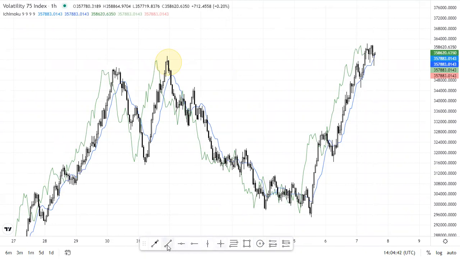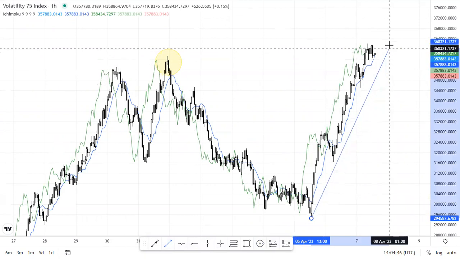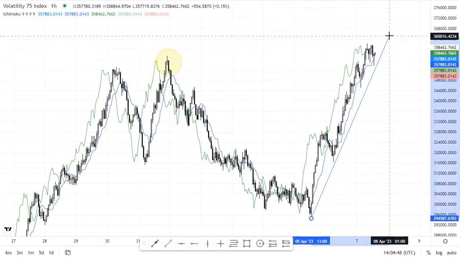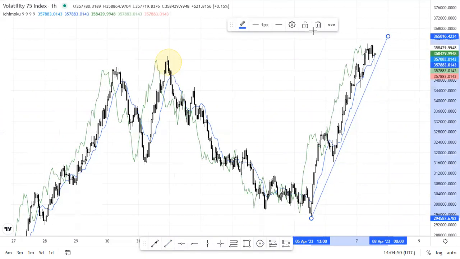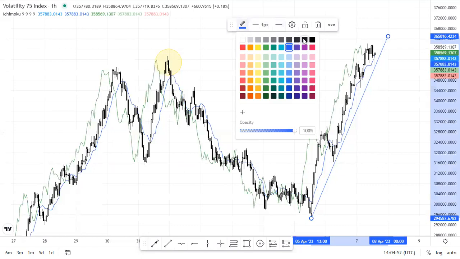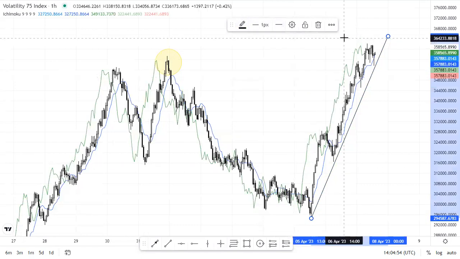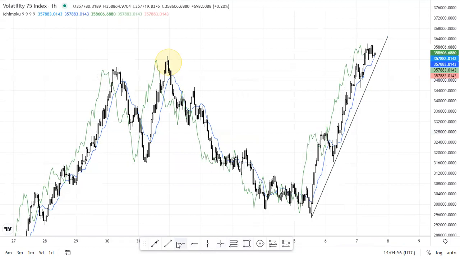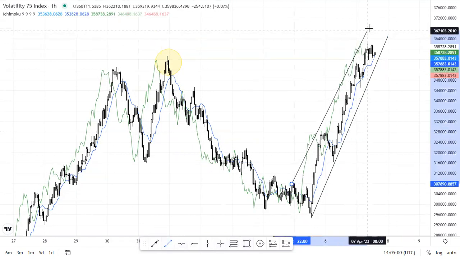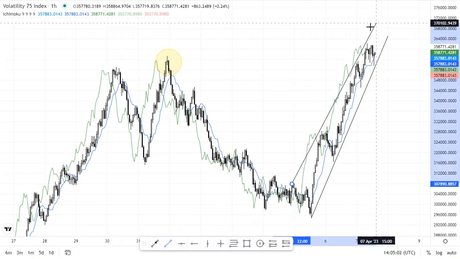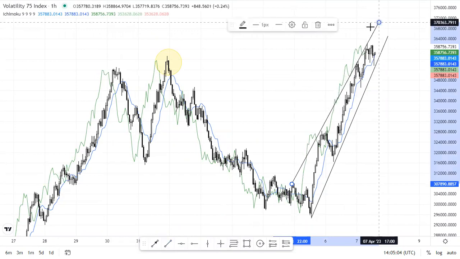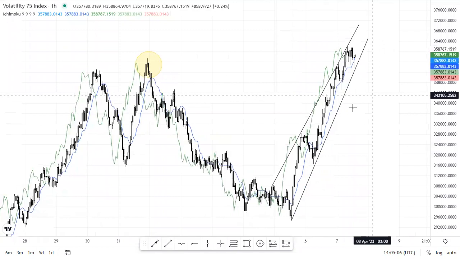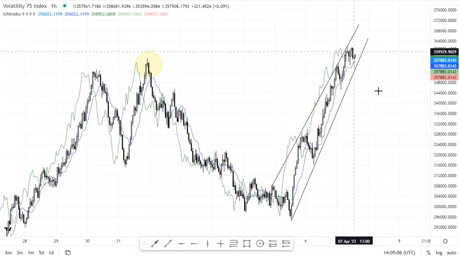We are going to be using our trend lines to see the direction of VIX and where it could possibly go. Let me just change the color of this specific trend line to black. So we have our first trend line there, and then we're going to be drawing our second trend line. As you can see, VIX has been on an uptrend according to this specific channel and these trend lines.